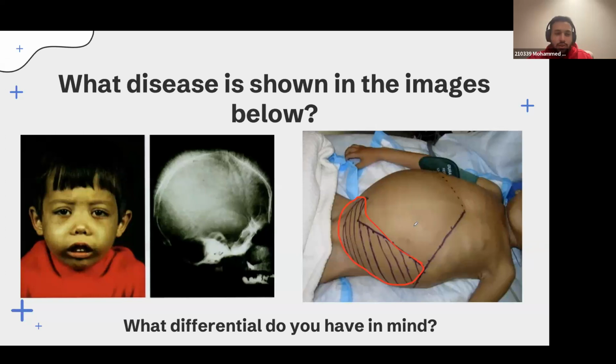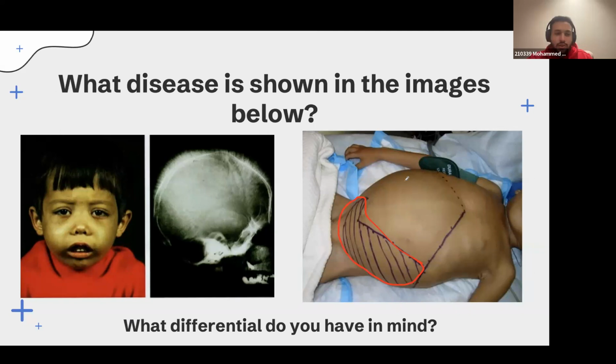Your body, to compensate, will start to do something called extramedullary erythropoiesis. What this means is that it's going to expand to other tissues that are not usually responsible for erythropoiesis. For example, the spleen, the liver, bone marrow that's not supposed to be involved.